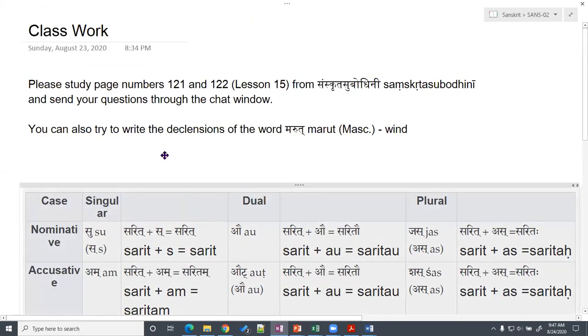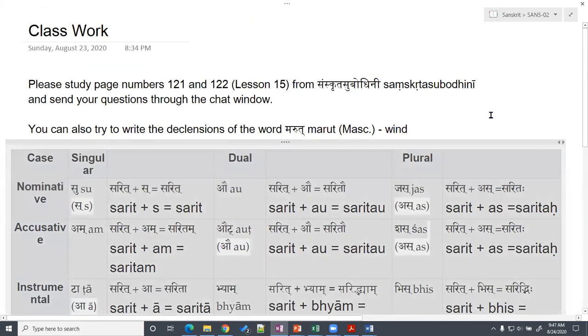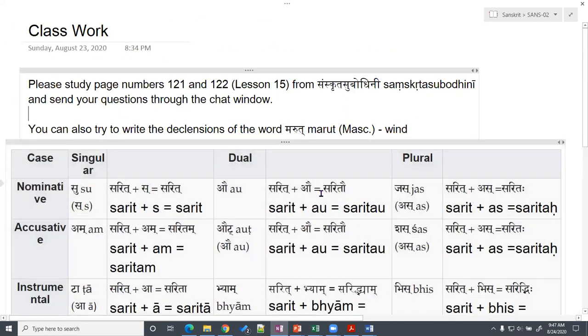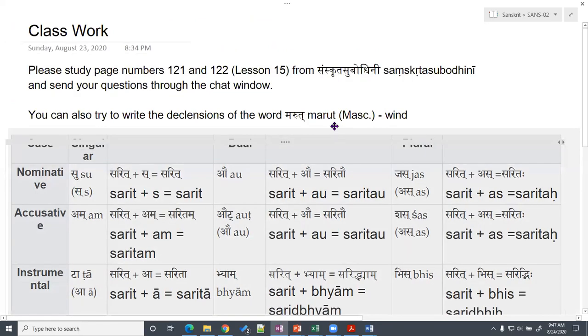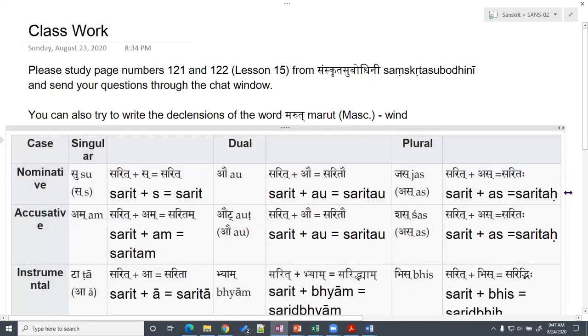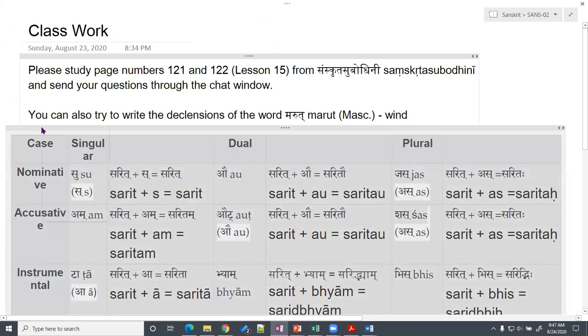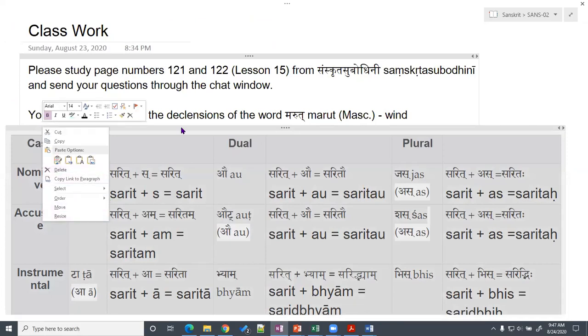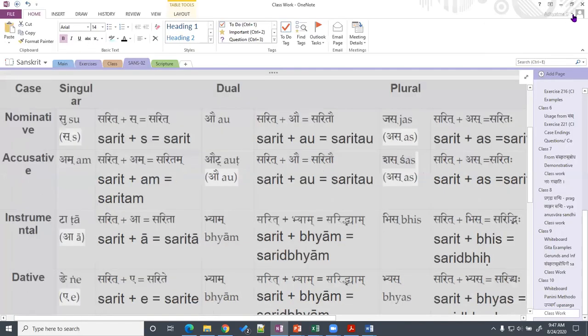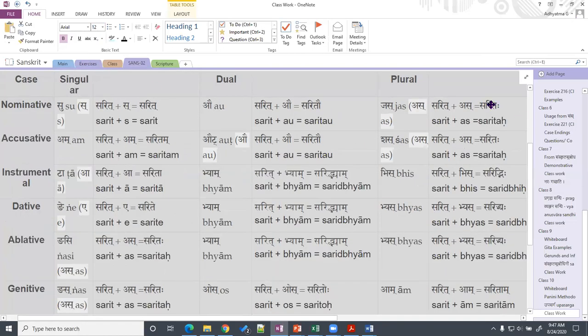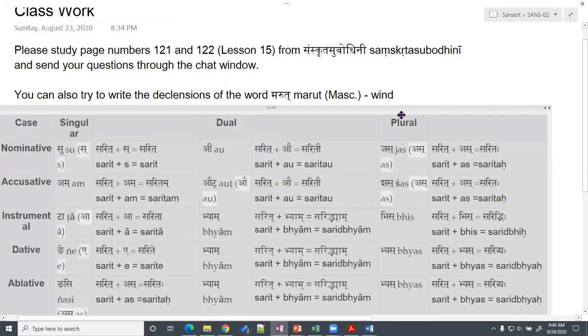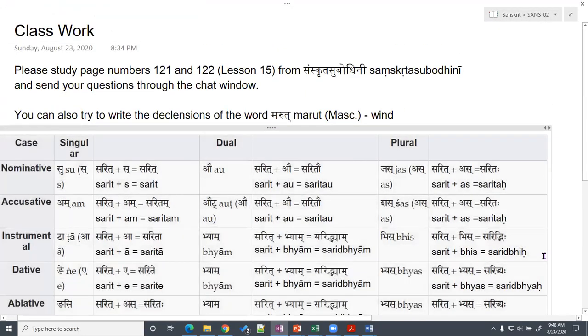So it is not completely visible here. I can try to reduce the font. Okay, so you can try with this.